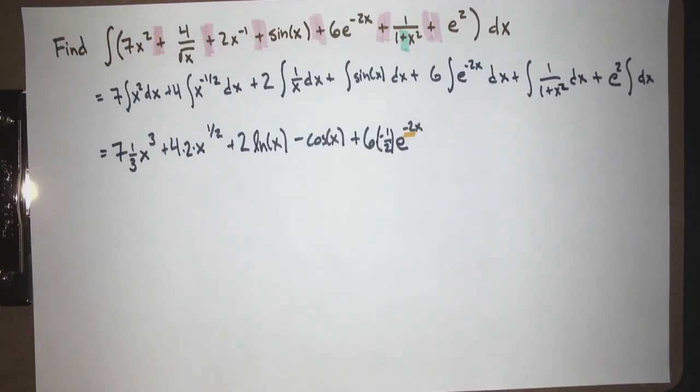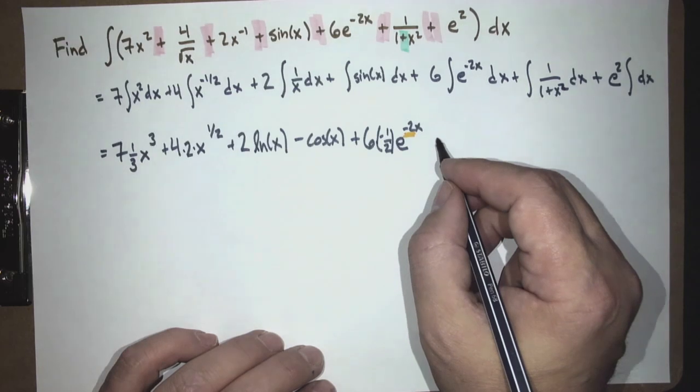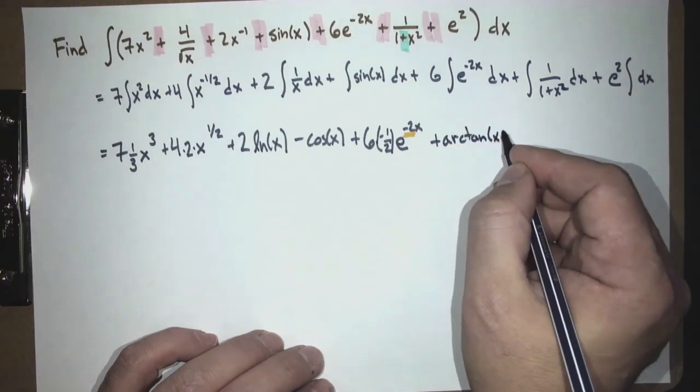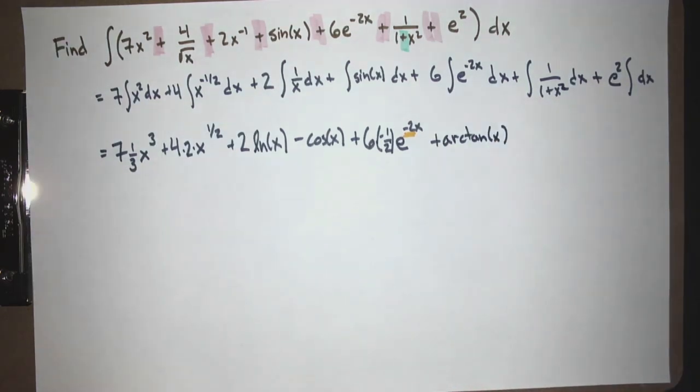How are we doing? We're almost there. What's the integral of 1 over 1 plus x squared? Arctangent. Arctangent! Yeah! Booyah! That's the coolest! I'll tell you, there are people in this department who are just in love with the arctangent function.